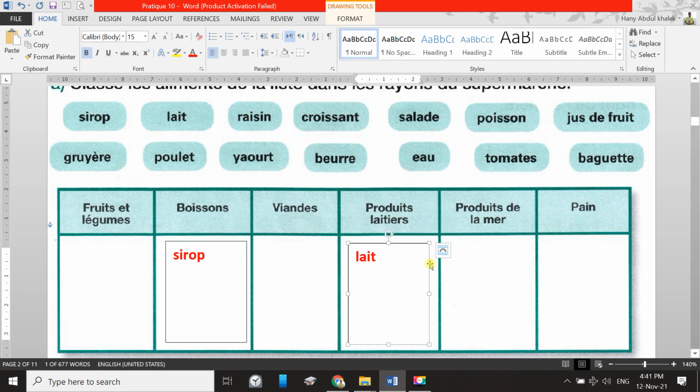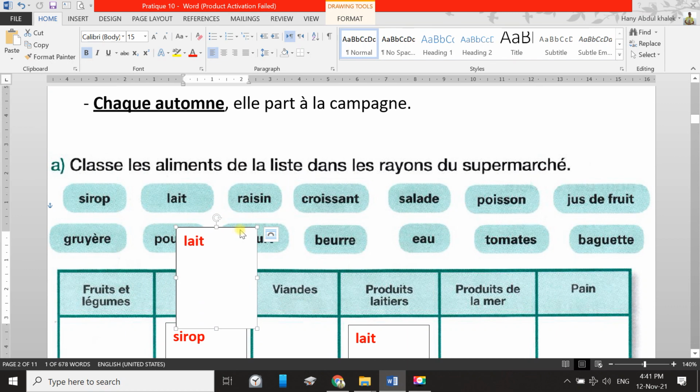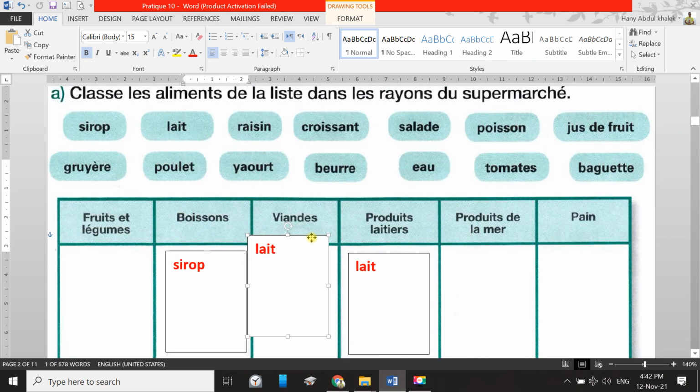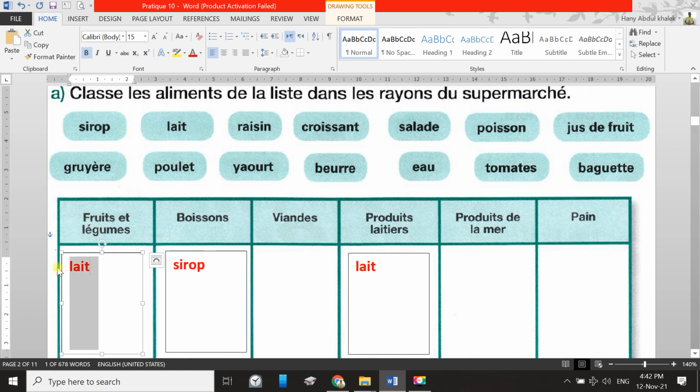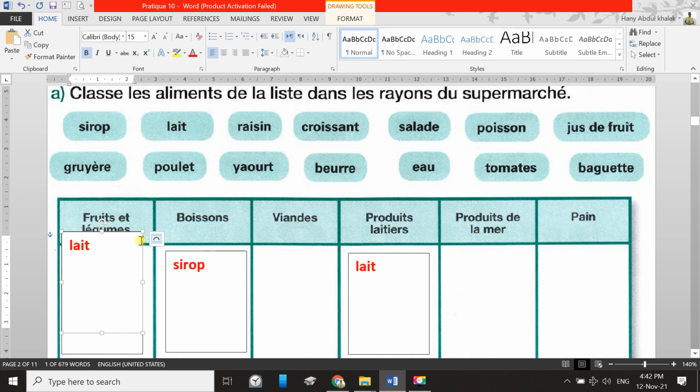Okay, what else can we find? Raisin. It's not like raisin in English, which is zbib, but in French it means the grapes. Another word, croissant.